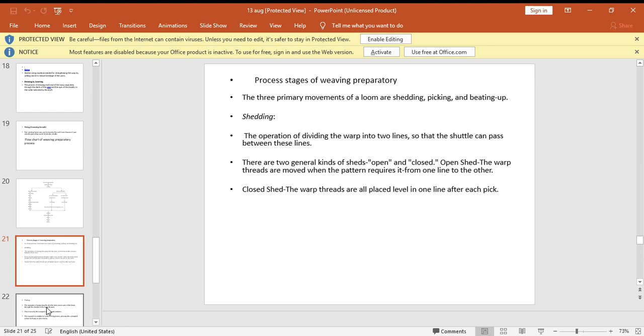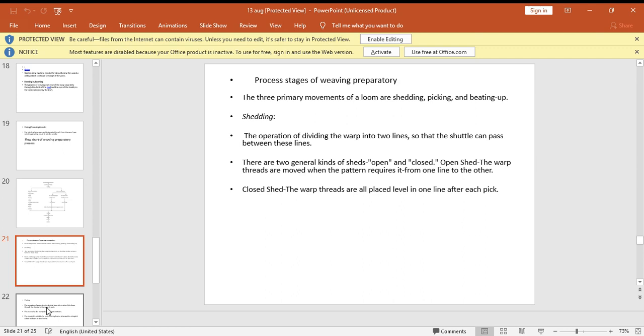So the first process of weaving preparatory is shedding. Shedding is the operation of dividing the warp into two lines so that the shuttle can pass between these lines. There are two general kinds of sheds, open and closed.